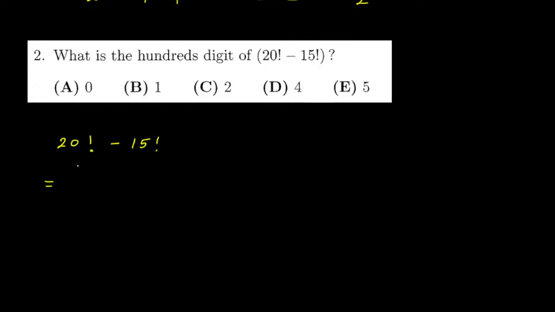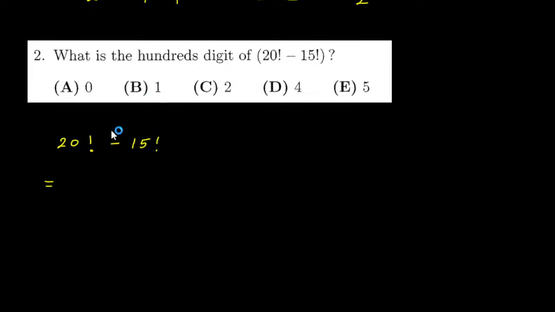Now when I consider 15, in 15 also at least 3 times I am getting 5. In 15 it is 5 into 3, in 10 it is 5 into 2, and in 5 it is 5 into 1. That means at least 3 times I am getting 5, and more than 3 times I am getting 2. So again 10 is present here 3 times, so that means 1000. So in 1000 I have unit place 0, tens place 0, and hundreds place 0.